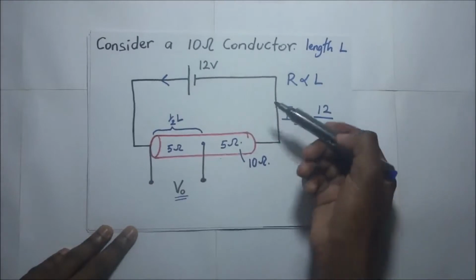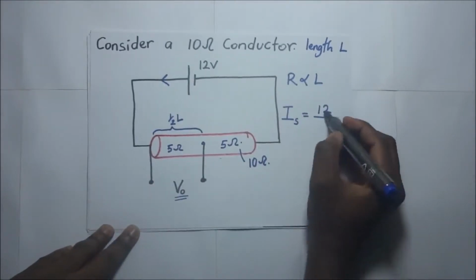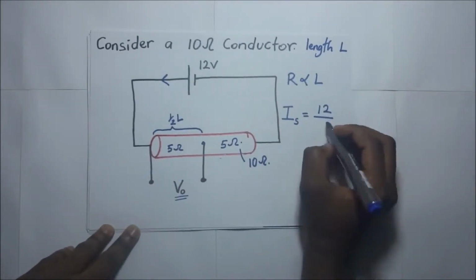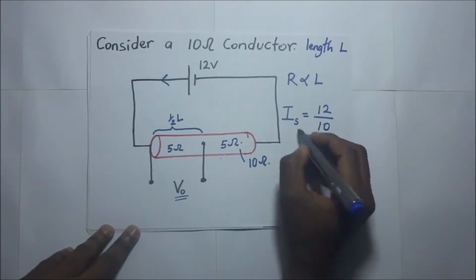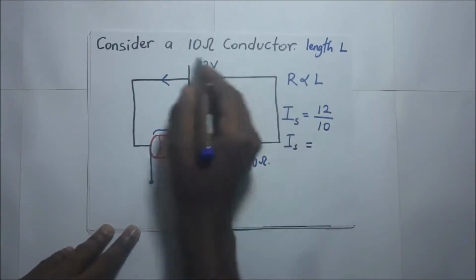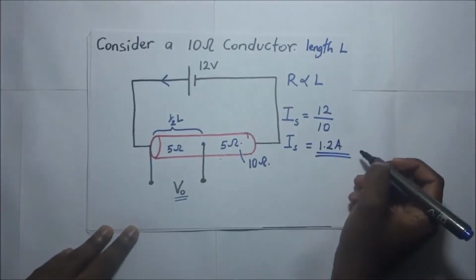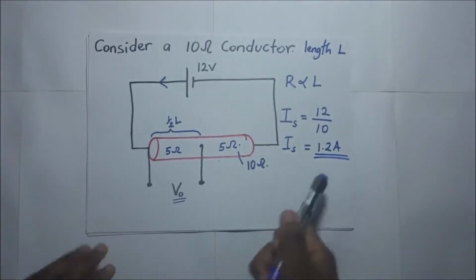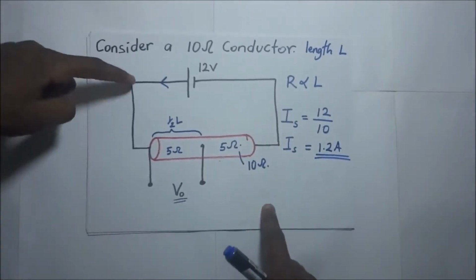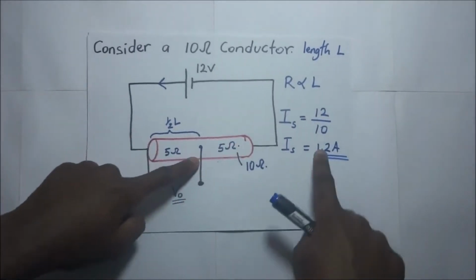So it's going to be 12 over 10, and we'll find that the current flowing through this whole thing is 1.2 amperes. So now we know the amount of current going through. It's 1.2.